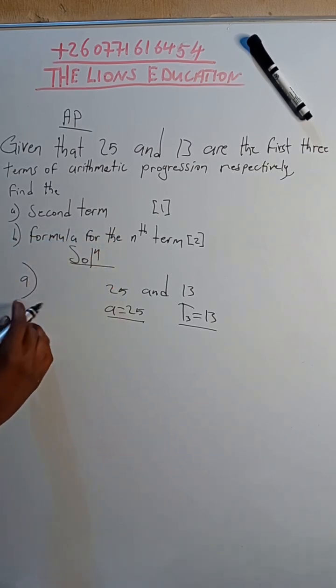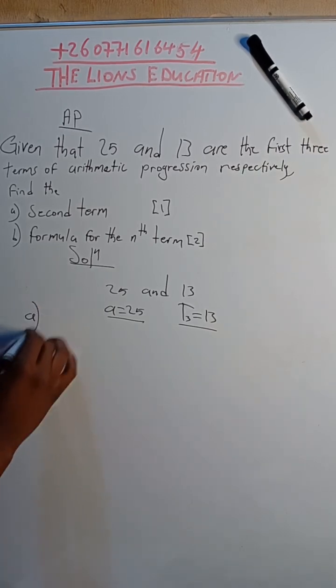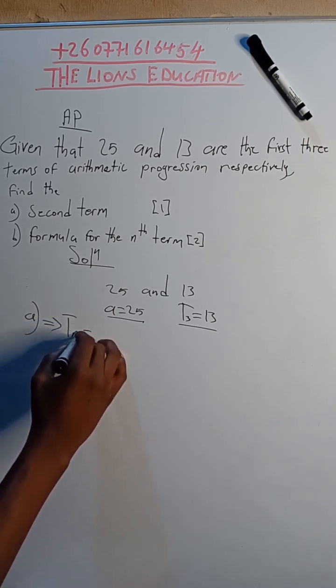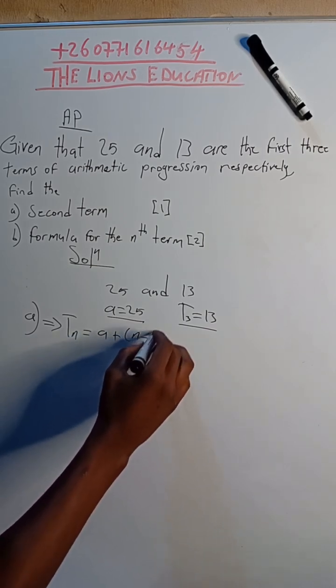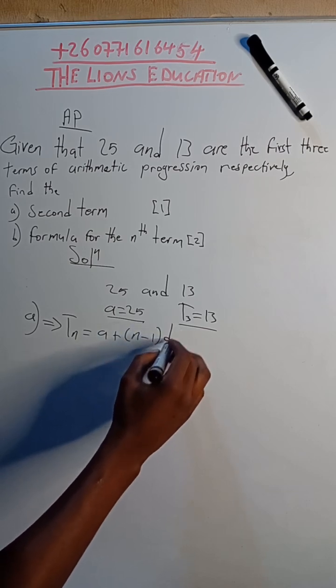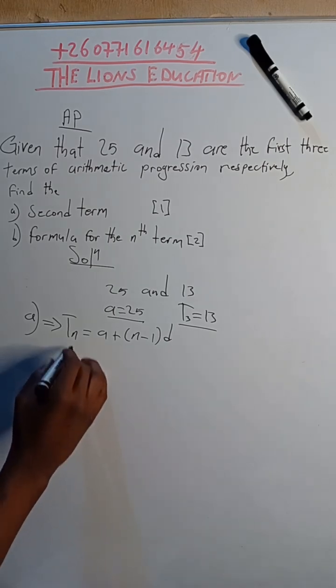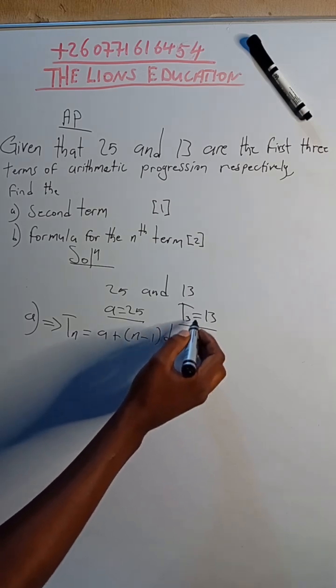So we are going to use the general formula. We're going to say this implies that Tn is equal to A plus, open bracket, n minus 1, close the bracket, then we put the common difference there. All right? Now, according to the information that we have, we can use T3.